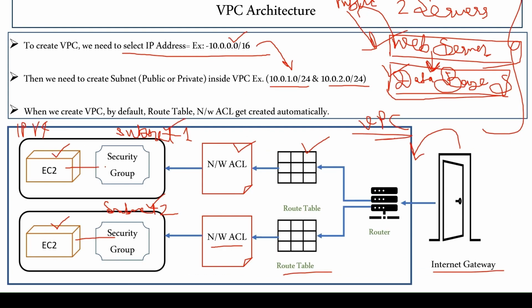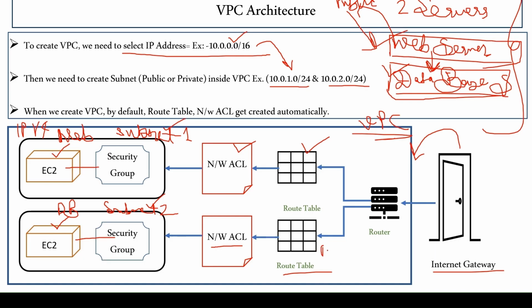So in this diagram, we have created a VPC and two subnets. We have provisioned EC2 instances in the two subnets. One route table is connected with the private DB server. This is the DB server. And one route table is connected with the web server, and this route table has connectivity to the internet as well.